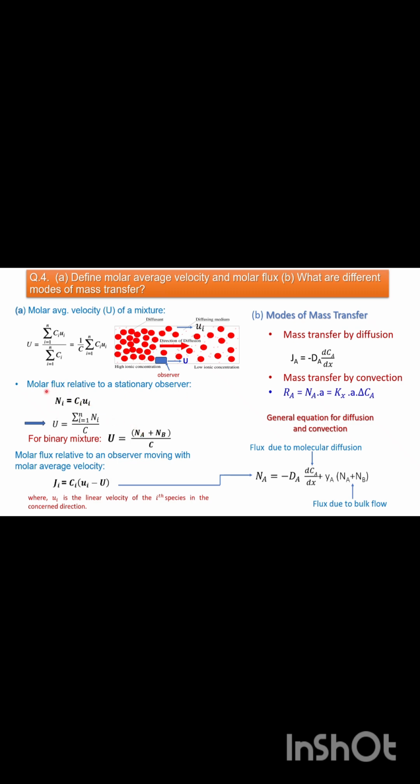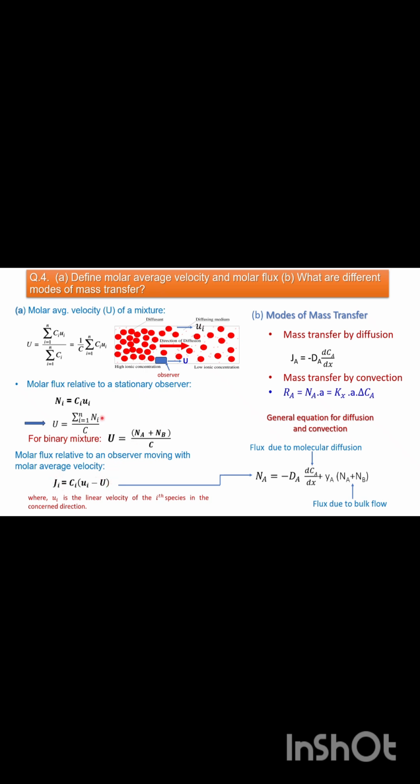They are the molar flux relative to a stationary observer, and the second one is the molar flux relative to an observer moving with the molar average velocity. First one is given by this relation, and the second one, which is represented by J, is given by this relation.